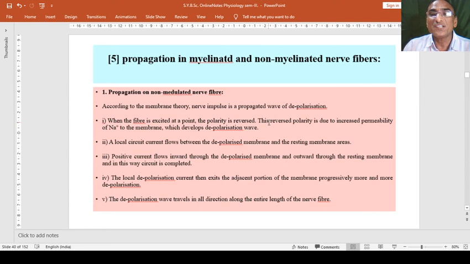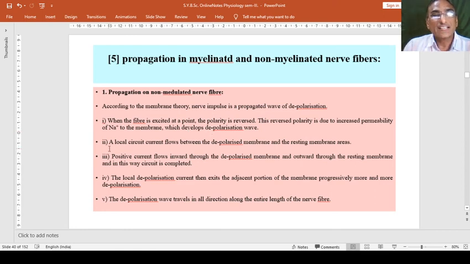This reverse polarity is due to increased permeability of the membrane to sodium ions, and this develops depolarization waves.